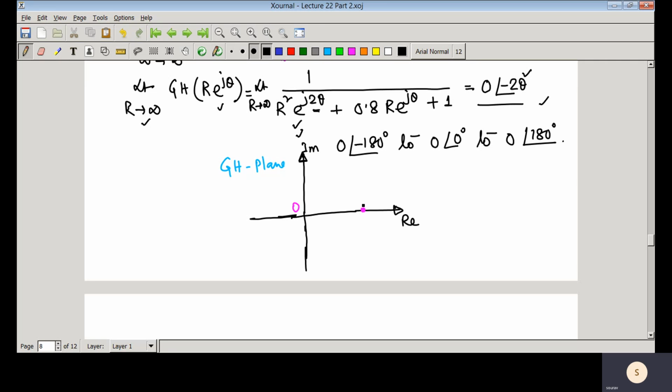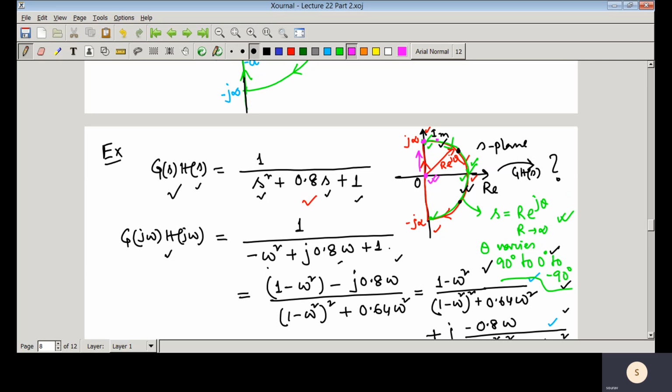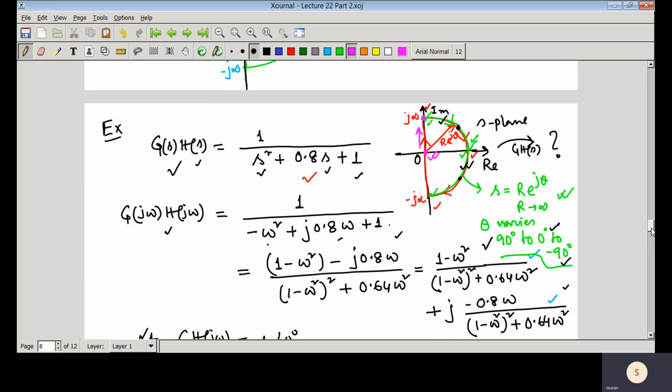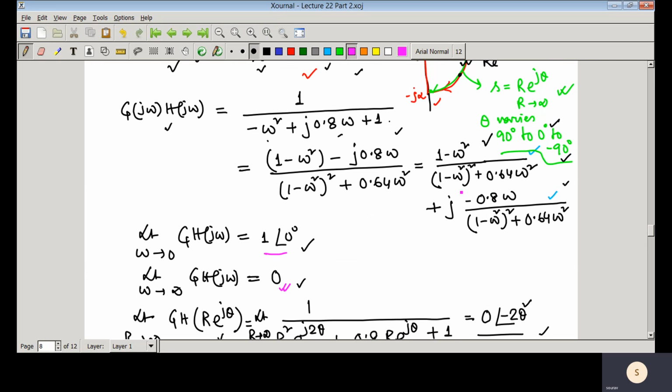I hope you understand that this is the omega equal to 0 point, where the value is 1. And we have seen that when omega tends to infinity, that means in the contour whenever you are here, the value equal to 0, but we do not know how it would come. So we need to concentrate here. The imaginary part would be equal to 0 when omega equal to 0.